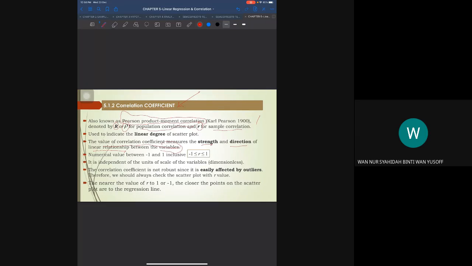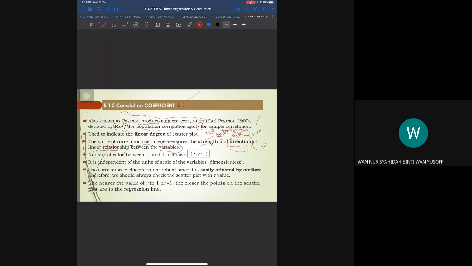Strength means whether you have a weak, moderate, or strong relationship. We can only determine the direction of your relationship, whether it is positive or negative.